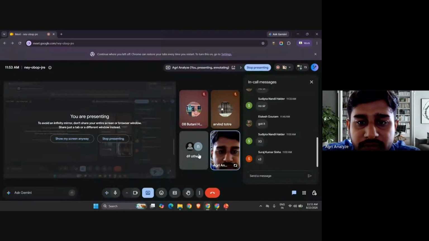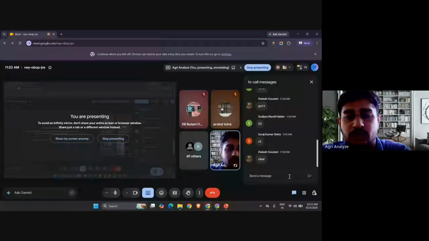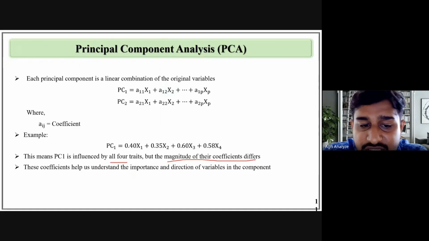Got it, all the participants? So this means PC1 is influenced by all 4 traits, but the magnitude of their coefficients is different. This helps us understand the importance and direction of variables in the component.